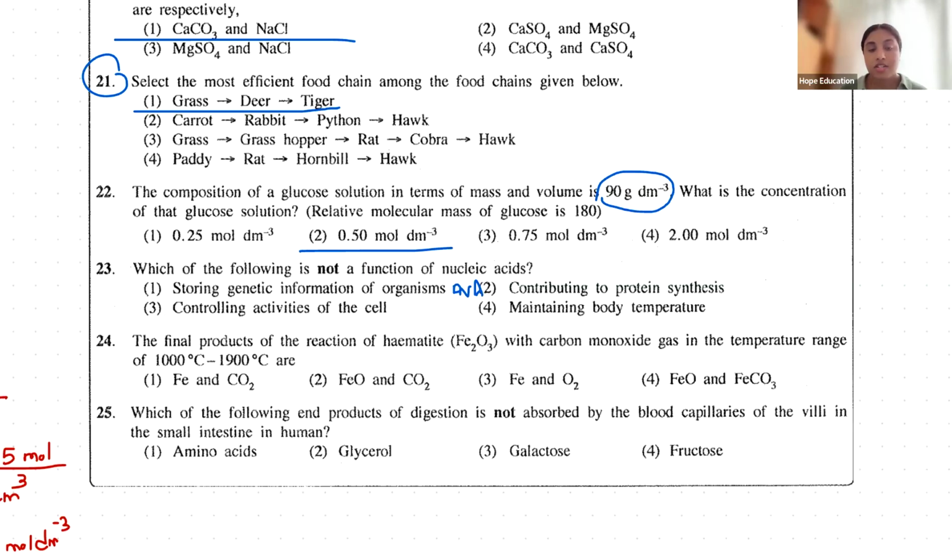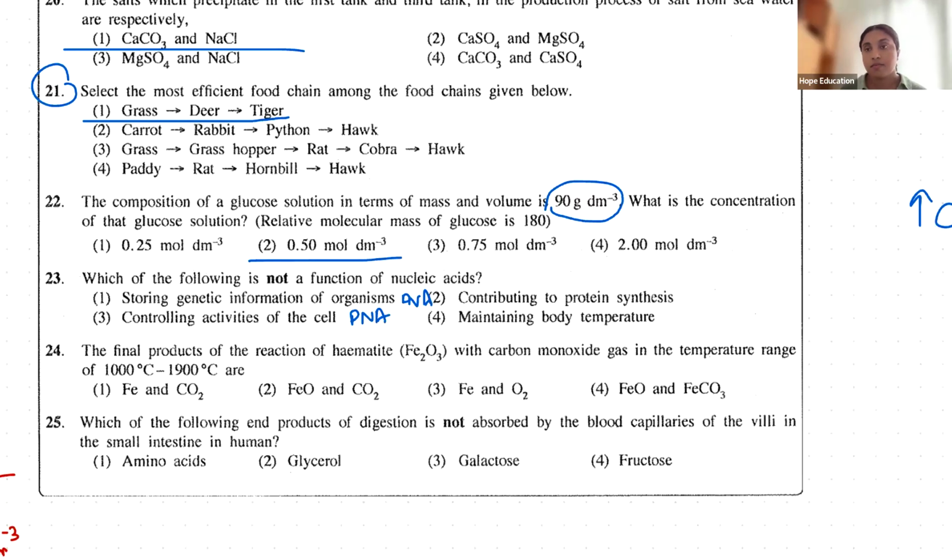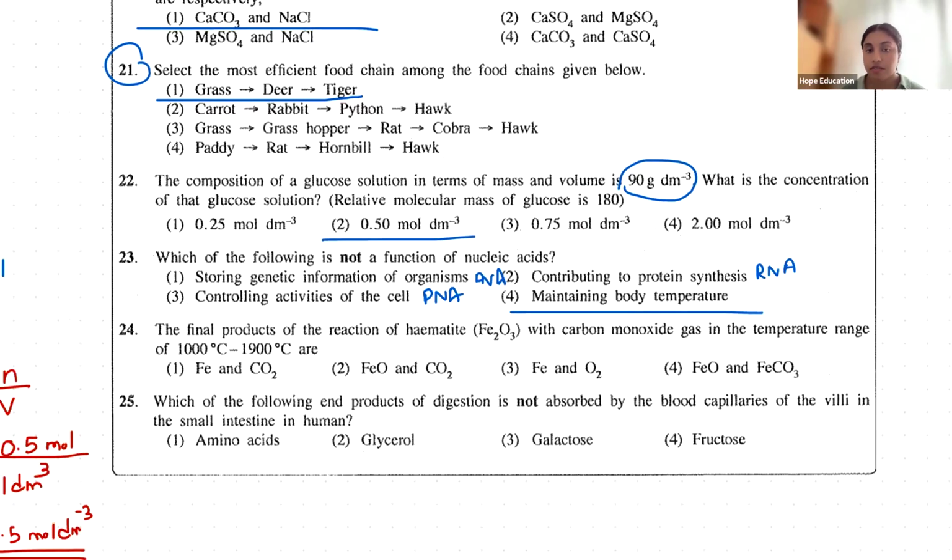It is DNA. Controlling the activities of the cell is done by DNA. Then protein synthesis. What does protein synthesis? RNA. Protein synthesis is done by RNA. And maintaining body temperature is not a function of nucleic acids. All others are functions of nucleic acids.